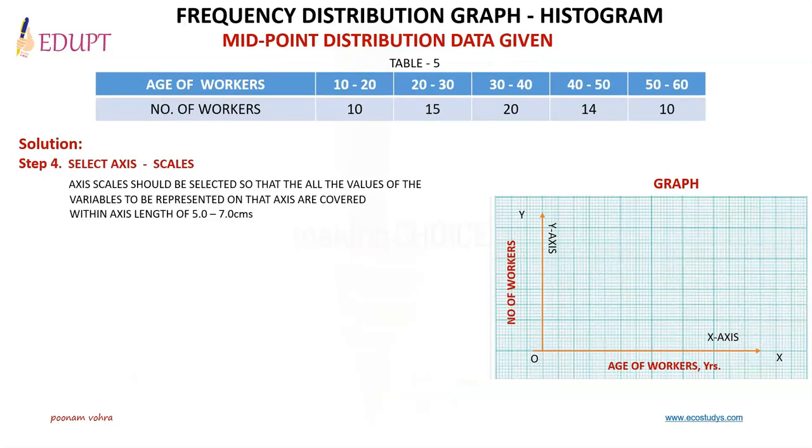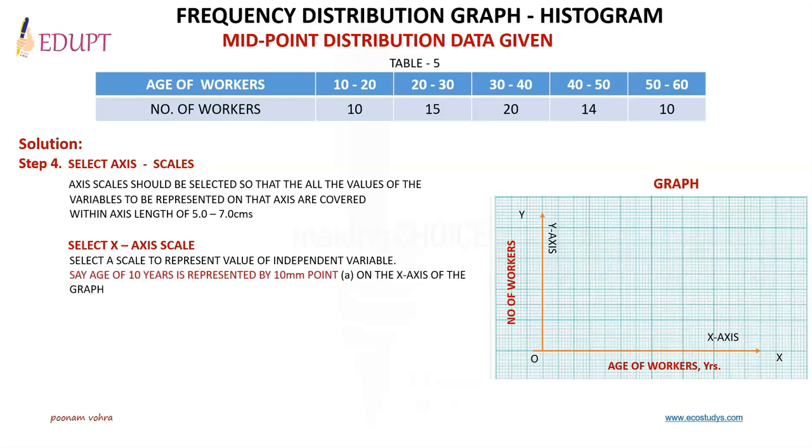Next step is to select the scales. Axis scales should be selected so that all the values of the variables to be presented on axis are covered within the axis length of 5 to 7 centimeters. X-axis scale would be to represent the value of independent variable.